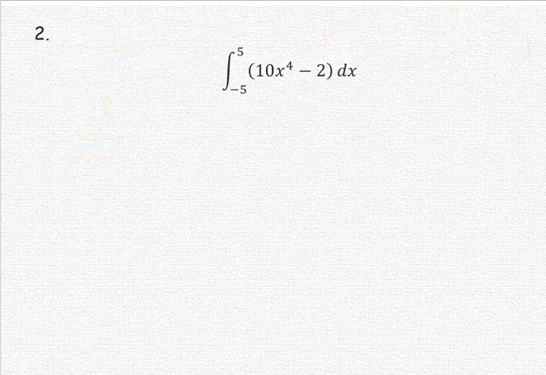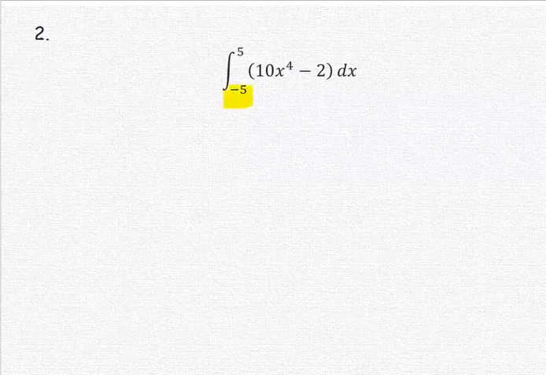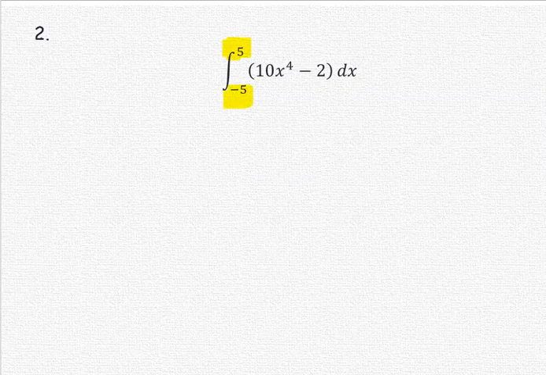Use the symmetry. Next, number 2: here we have negative a to a with a equals 5, away from 0, 5 units to the left and 5 units to the right. The function we are working on, f of x, is 10x to the fourth minus 2. Look at one at a time.